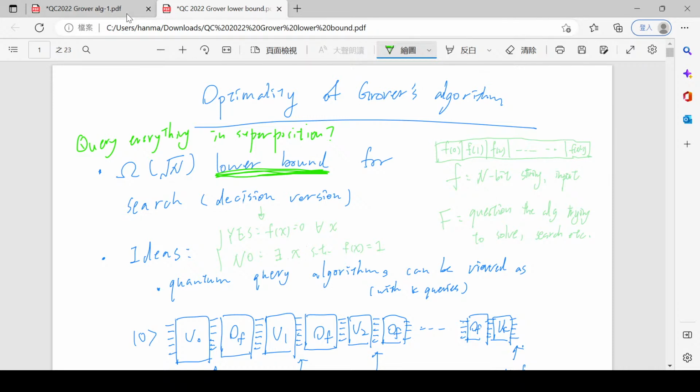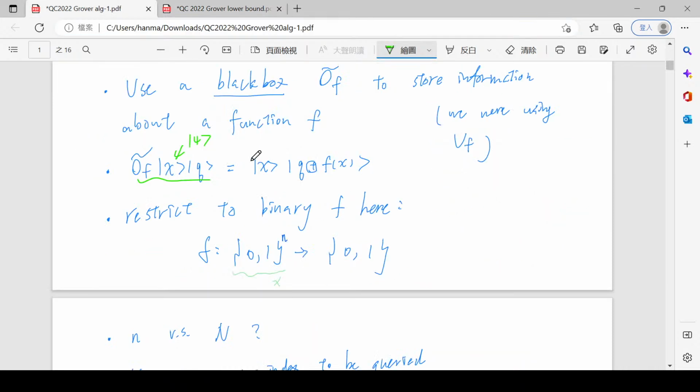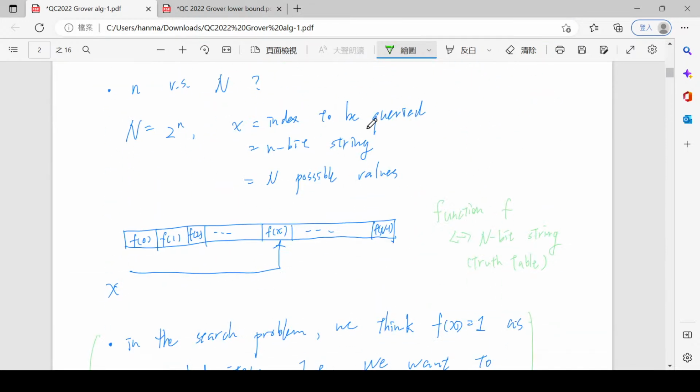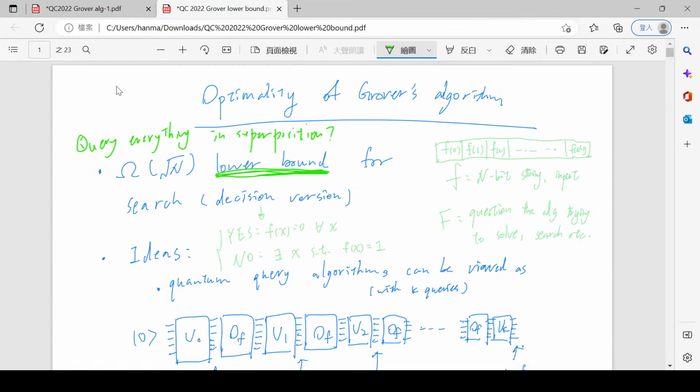We are not saying you run Grover's algorithm and then you see that you need to do square root of n over m rotations to get to the top, right? Just draw it here. If you know you are running Grover's algorithm, then it's pretty easy to see you need square root of n over m iterations to go to this top here.